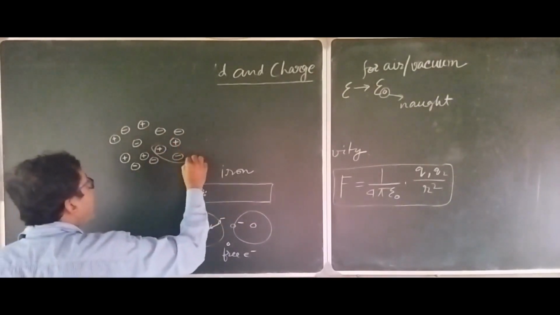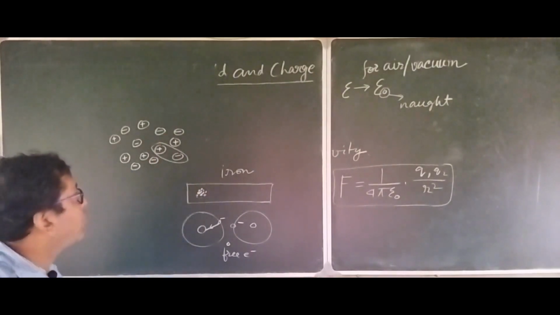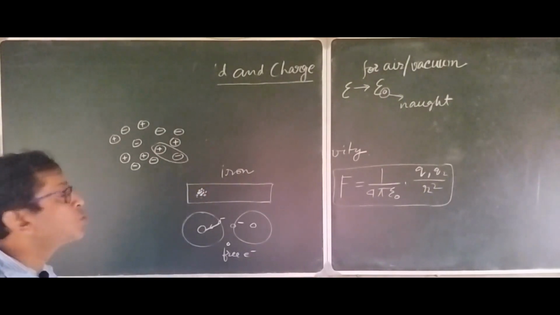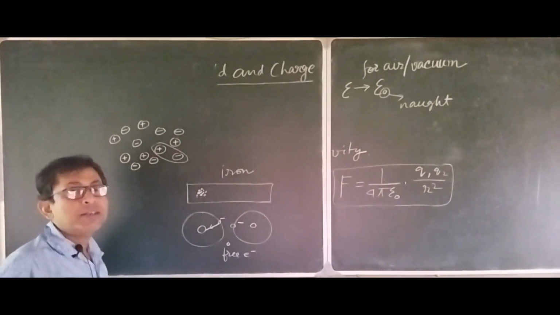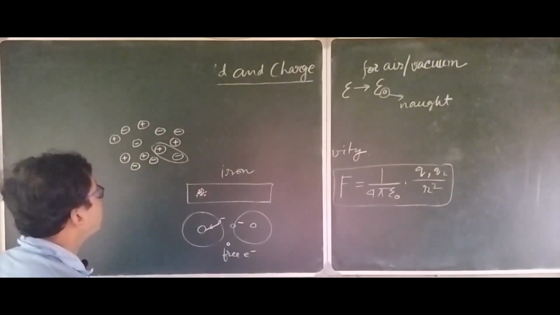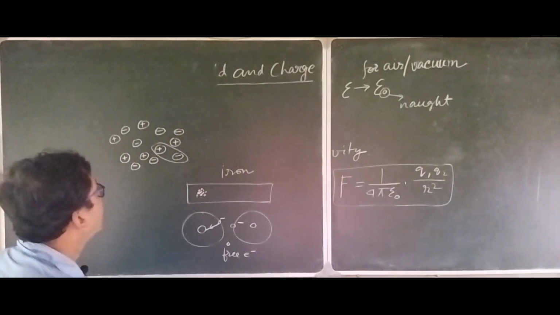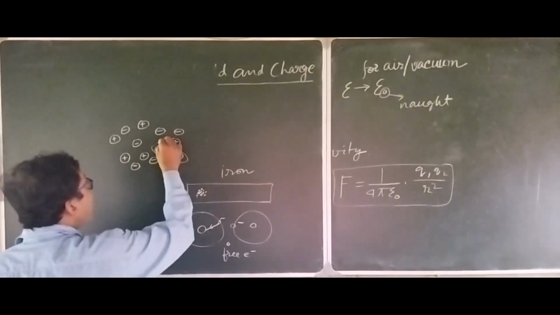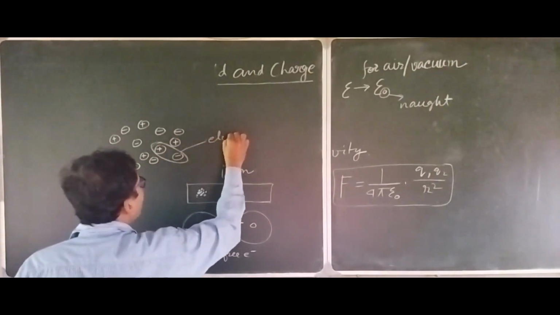These pairs of one cation and one electron usually stay at a very negligible distance, because this is atomic distance. So this type of pair is called an electric dipole.